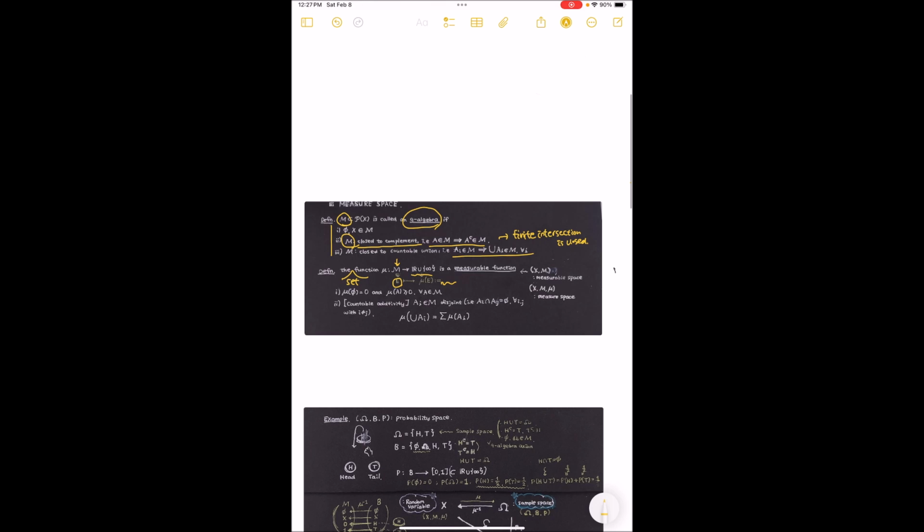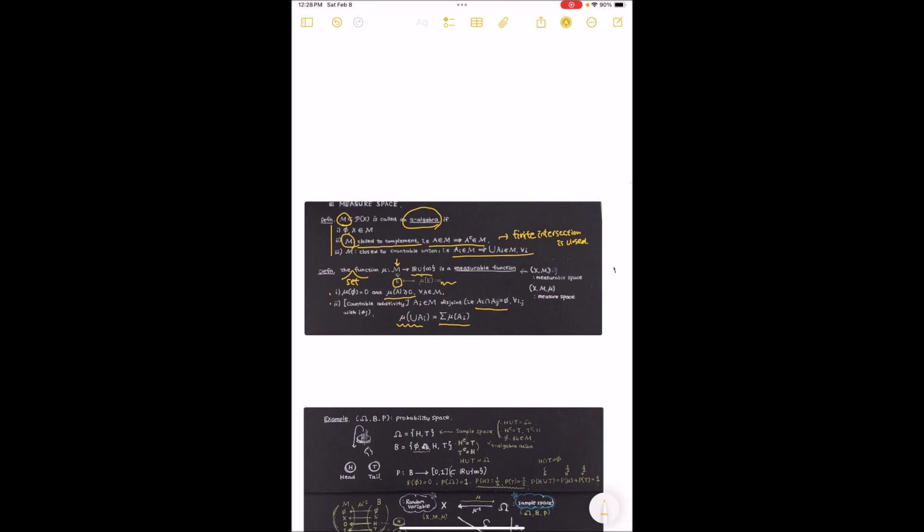Anyway, the set function satisfies these conditions: the empty set gives 0, and the value is non-negative for any set in the sigma algebra. And it satisfies countable additivity: if sets are disjoint, then the measure of the union is equal to the sum of the measures, like this.